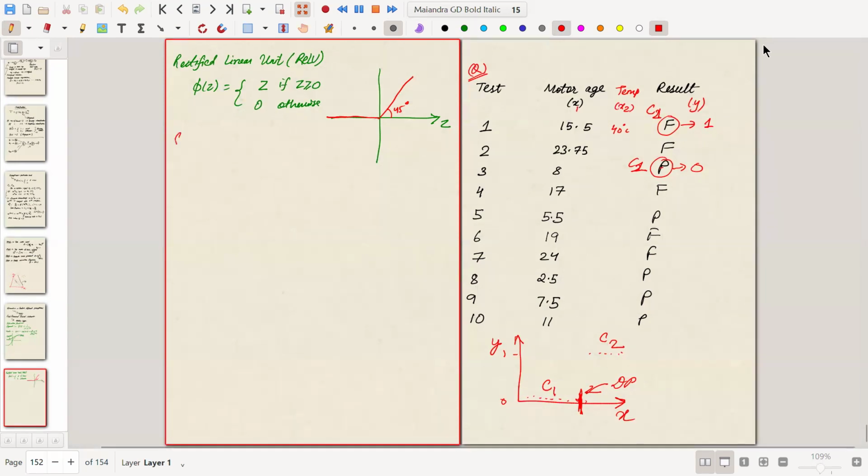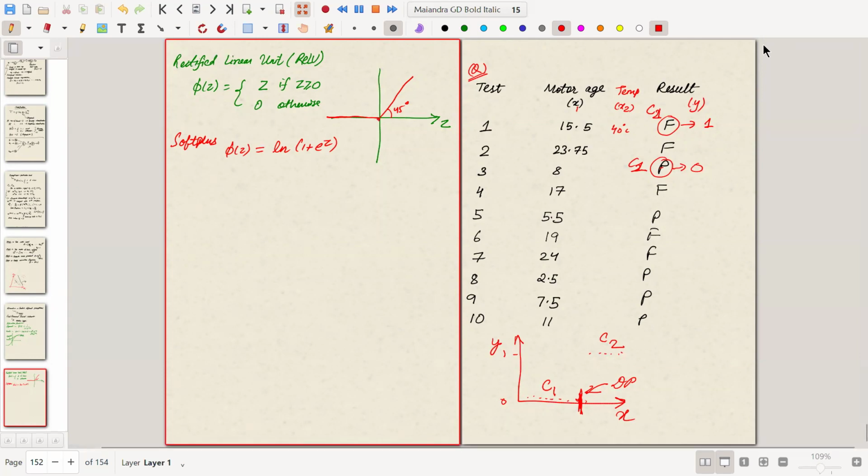One more, if you have heard of it, is the softplus activation function. In that, phi of z is the log of this function. But why suddenly a very complicated function? The idea is that the ReLU function is not differentiable, because it has a sharp edge here.